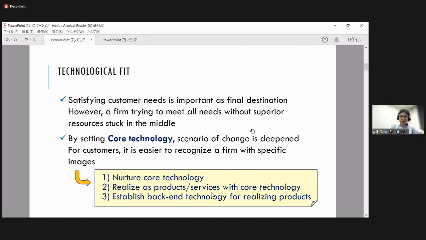And of course, as a company, because we talked about customer needs on the second day, satisfying the customer needs is important as a final destination, but a firm trying to meet all needs without superior resources gets stuck in the middle. Stuck in the middle, you don't get to any place. You cannot get any success if you decide to enter businesses in which you don't have any experience.